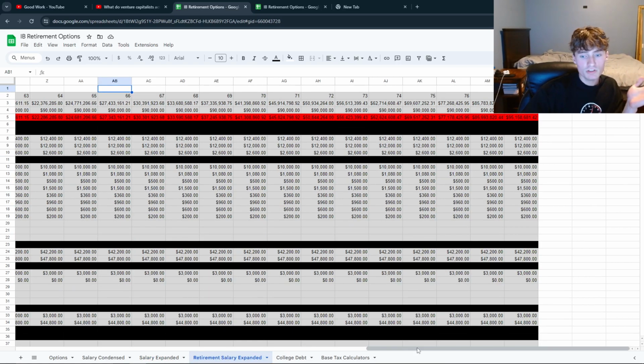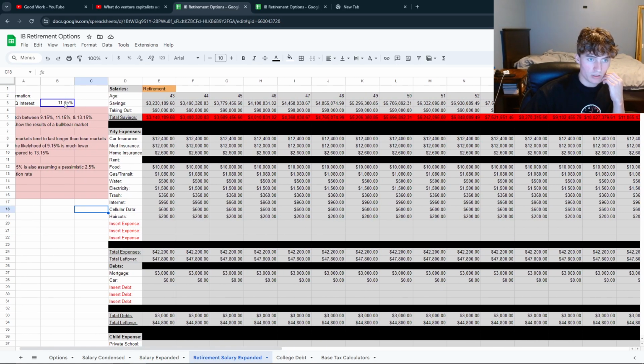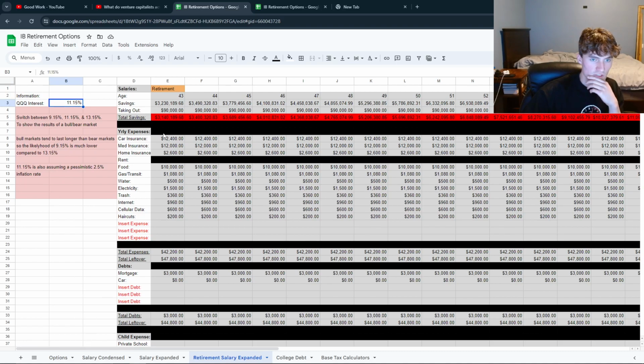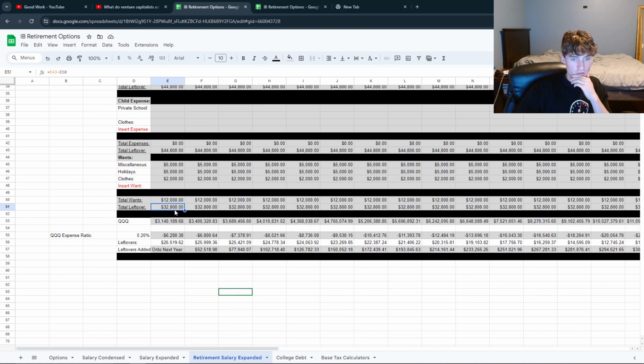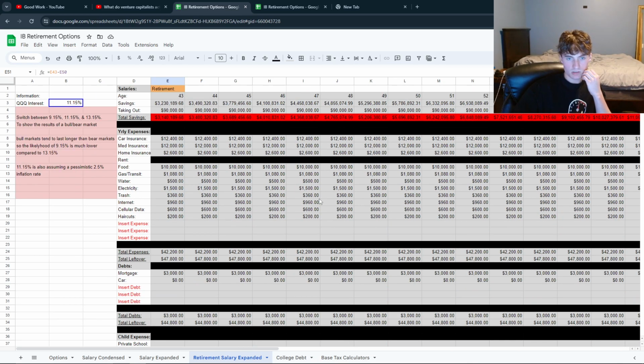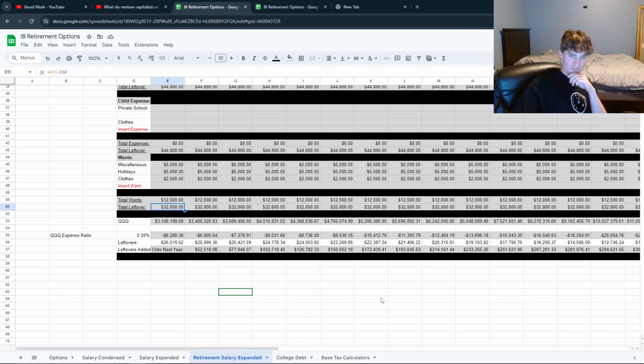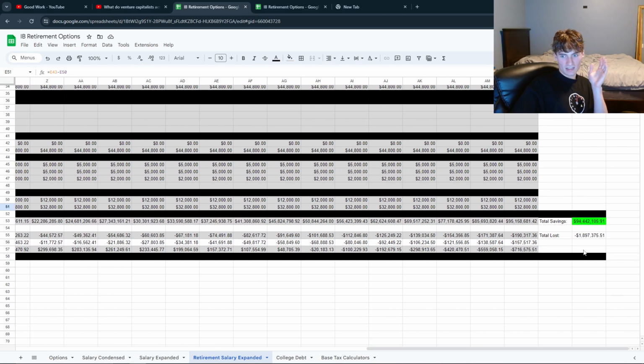So when we go on to retirement salary at an 11.5%, it's a lot different looking taking it out from our leftovers. This is because the leftovers are the same every single year, while our QQQ increases every single year by millions of dollars, which leaves us with, you guessed it, a negative amount.